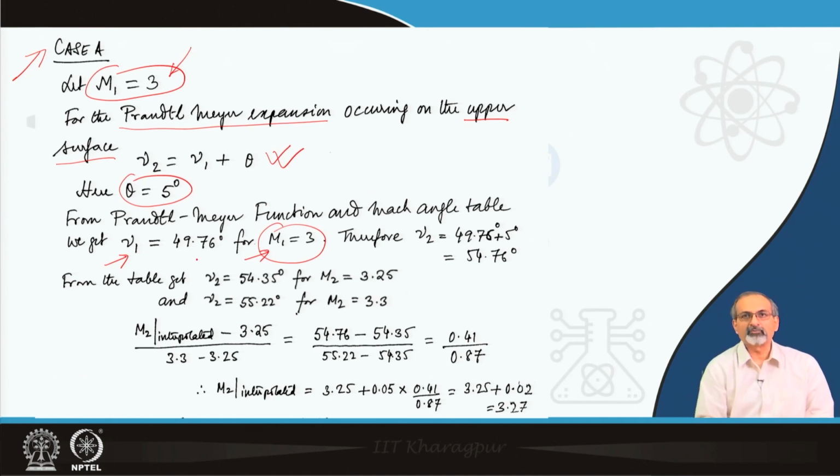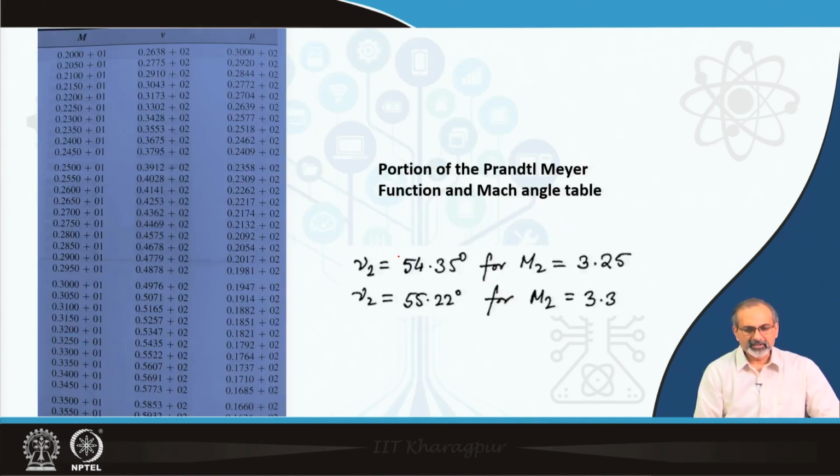It is found to be 49.76 degrees. Therefore, if you add 5 degrees to that, you would end up getting the value of the function downstream of the expansion fan.